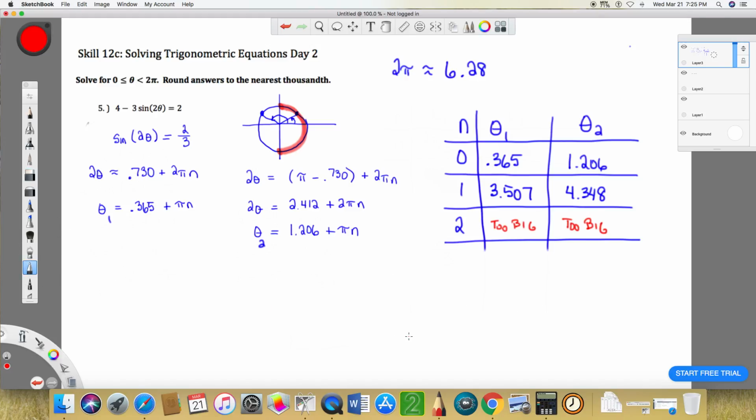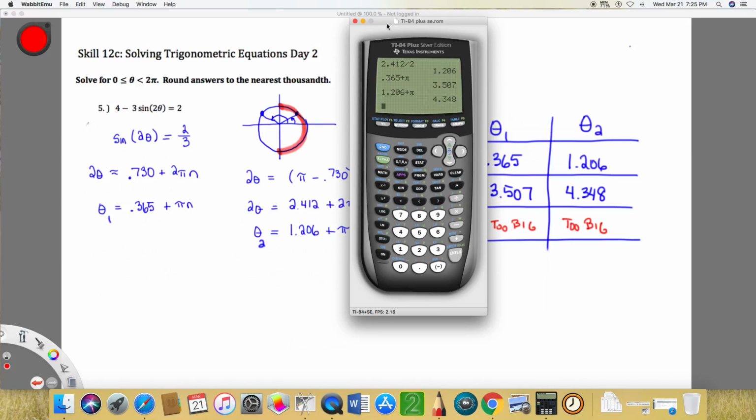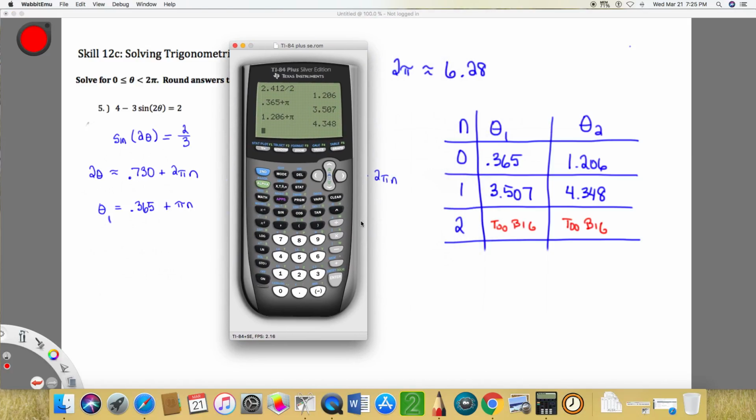Let's check and see if they're reasonable. If we plug them into our equation, we should get on the right-hand side a number that's approximately 2. So we're still in radian measure. We've got 4 minus 3 times the sine of 2 times our angle. So let's check this 0.365.